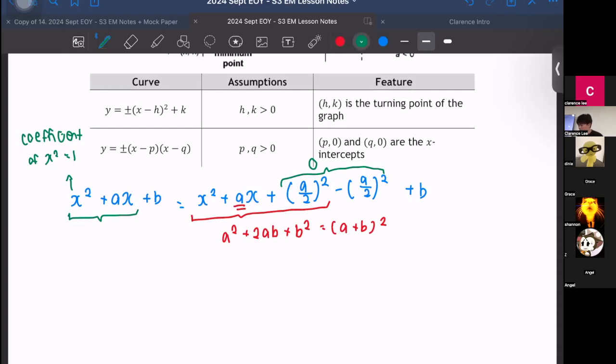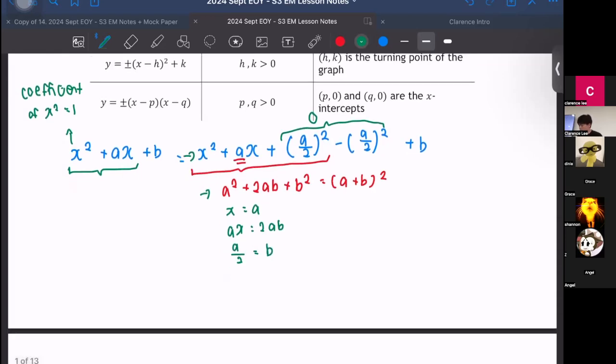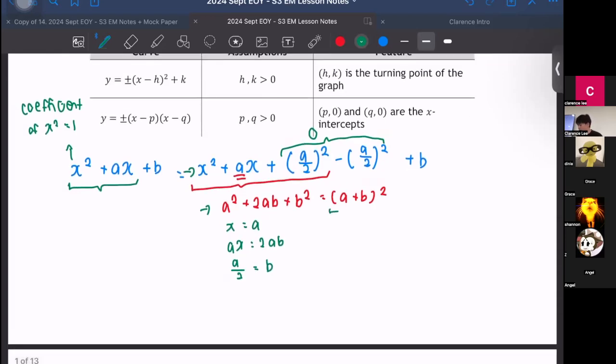So if you compare what I have in blue and what I have in red, x is essentially my a, 2ab is essentially my ax, and a over 2 is essentially my b. So from here, you are able to convert into your special identity, (a plus b) squared. So you have (x plus a over 2) squared.